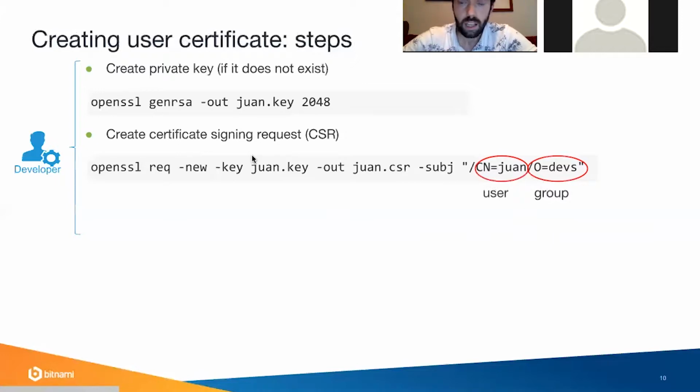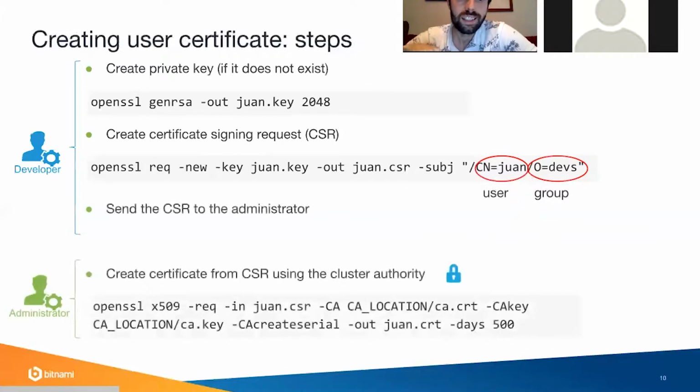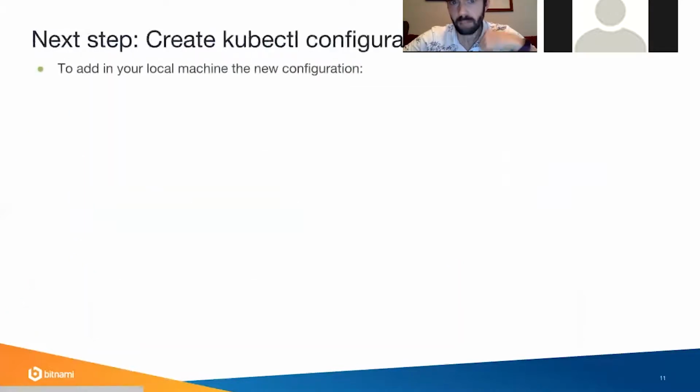I have a GitHub repo with all these commands, so don't worry, you can try it yourselves. Then that request is sent to the administrator, who, using the certificate authority we previously mentioned, signs the certificate request and therefore creates the certificate for the user. Once it's been signed, it is sent back to the developer.